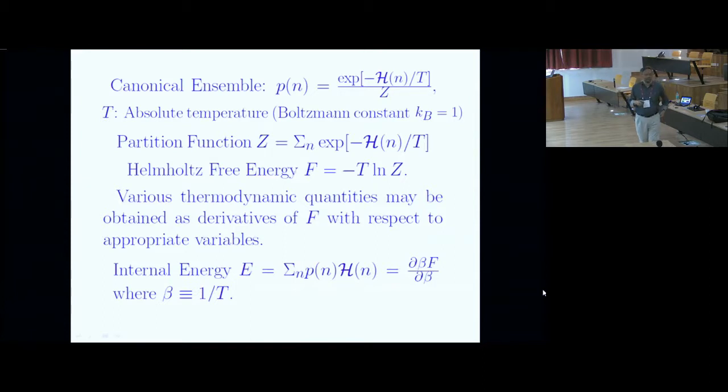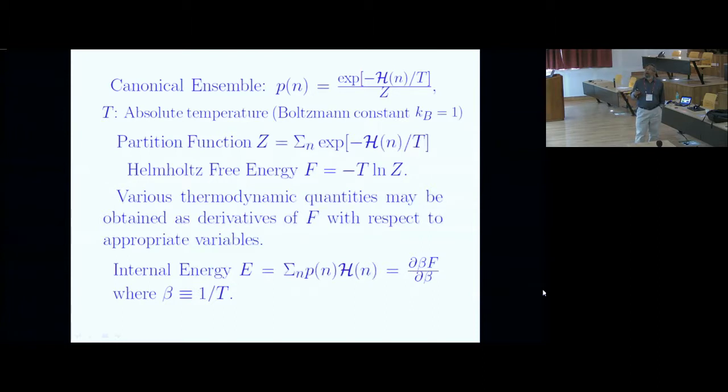So in most of the things that I'll be talking about today, I will use this particular form for the probability function: the probability of seeing a particular microscopic state in the ensemble is given by the exponential of minus the energy of that state divided by the thermal energy. kBT is a measure of thermal energy.